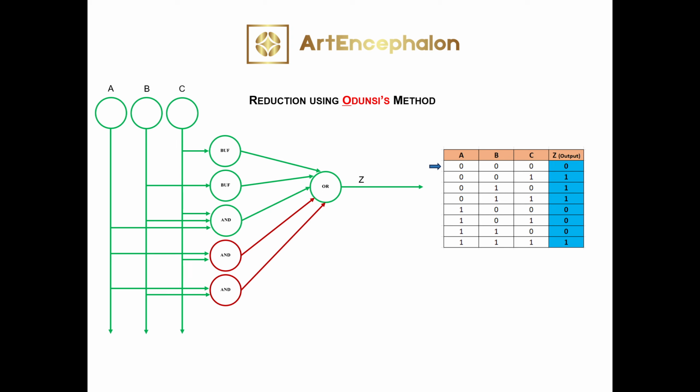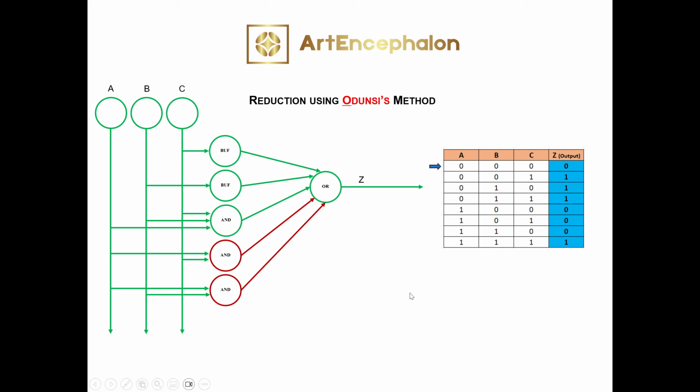By the way, Wale Odunsi is one of the staff of Atencephalon, and he came up with this brilliant idea that has helped us in designing logic circuits with neurons. With this method, we're able to minimize the number of neurons we use in implementing a logic circuit. So it's called Odunsi's method.